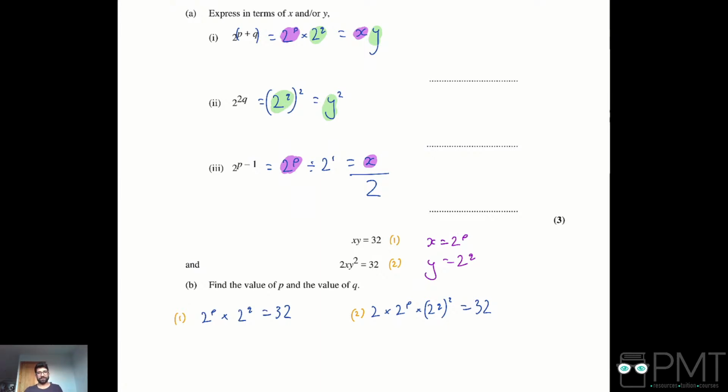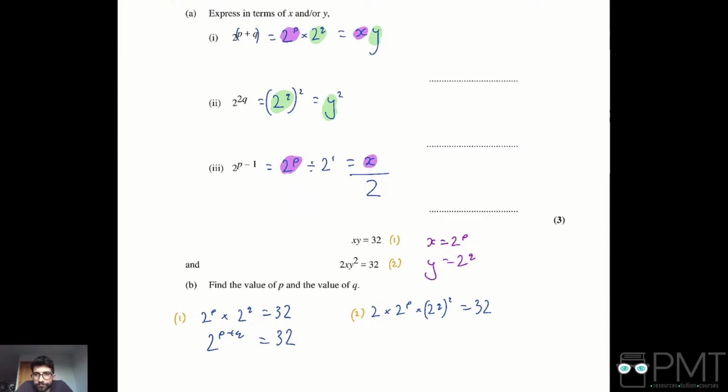But from the first part of A, you can see that xy is 2 to the power of p times 2 to the q, which is what I wrote here. But if you go back to that stage, you'll realize that we can also write that as 2 to the p plus q as 32. Yep, 2 to the p plus q.